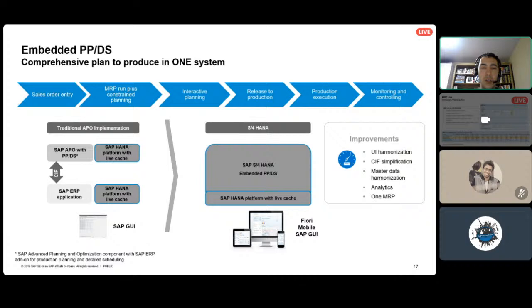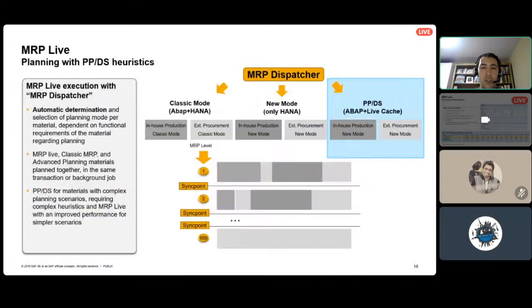So if you have capacity restrictions in your work center, PPDS will plan accordingly. The major change in MRP was that PPDS was brought into the core, and the new MRP Live is now capable of planning PPDS advanced materials as well.